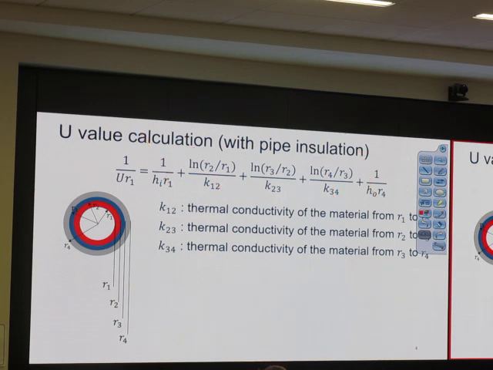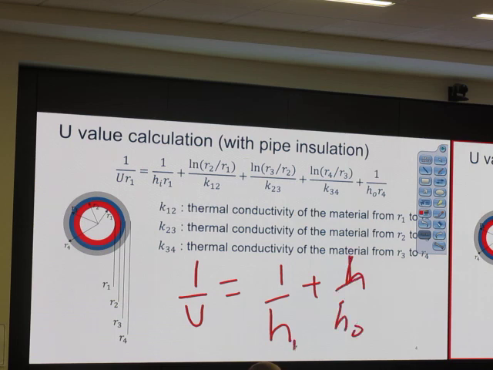Let's make a simplification, just for mathematical argument. 1 over U equals 1 over hi plus 1 over ho. If hi equals 1 and ho equals 1, what happens to the U value? 0.5, right? So what is that telling me?